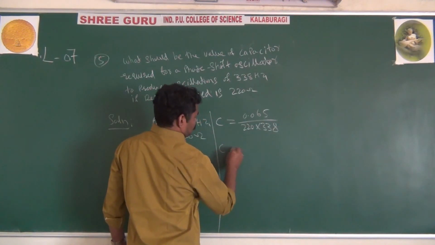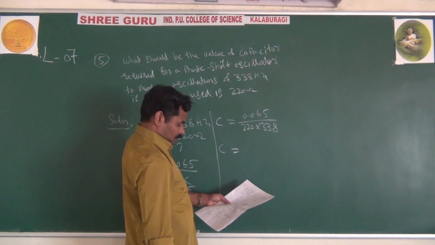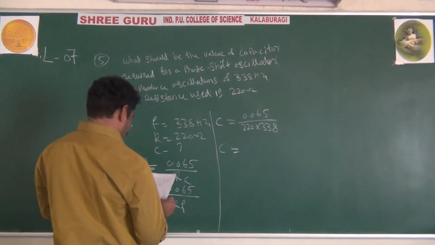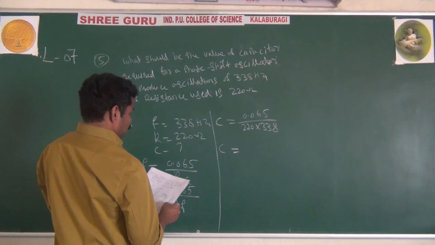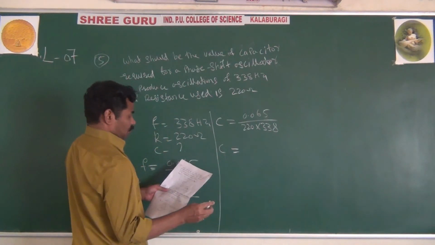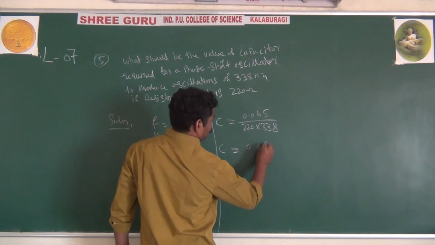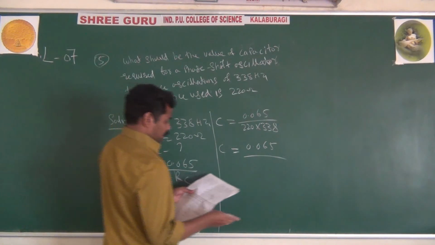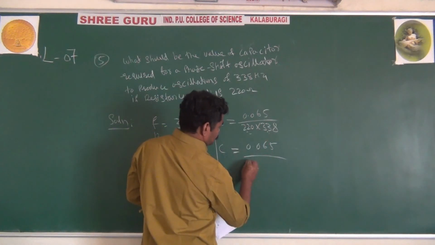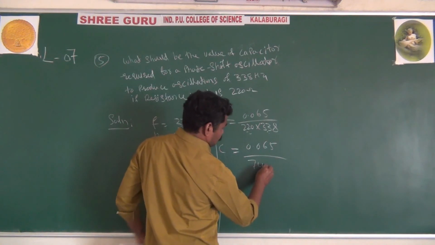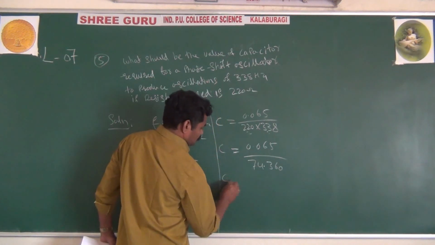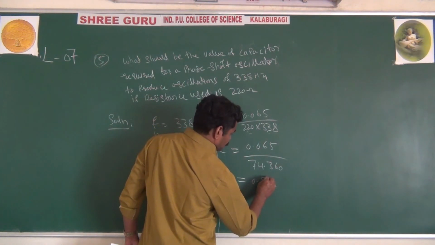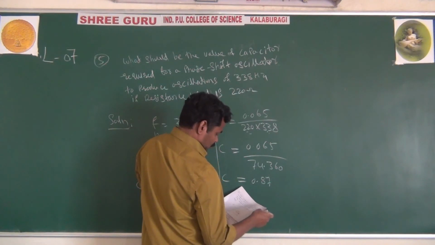You substitute and simplify it, and we get nearly about 0.065 divided by 74.360, or you may get C is equal to 0.87 microfarad.